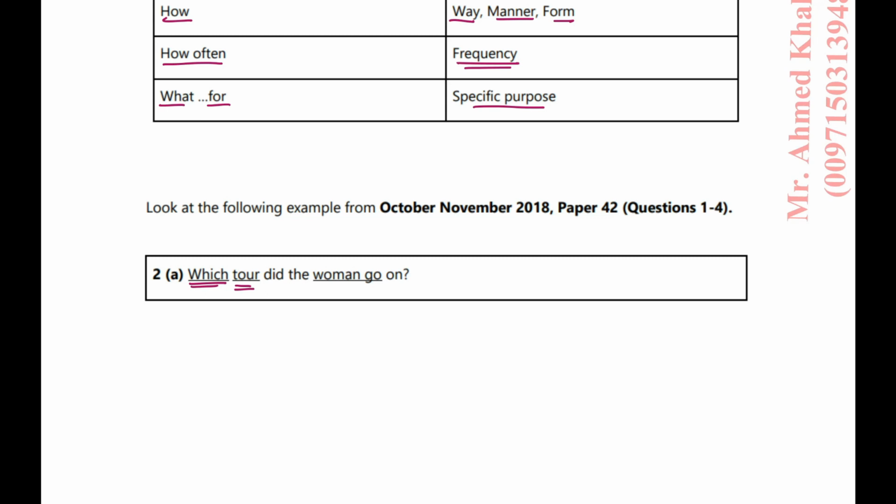In this example, the question word which and the underlined words tell us that the required detail for this item is a type of tour that the lady went on. The question word which and the word tour in its singular form. Pay attention, this is the singular form. This is how I analyze. And this is hack number 1.